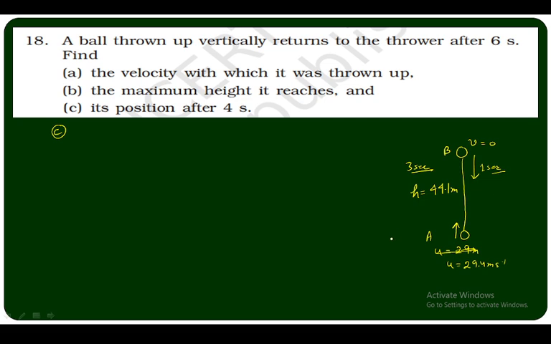Therefore, the initial velocity at point B is u equal to 0. And since it is going downward, the value of g is positive, that is 9.8 meter per second square.